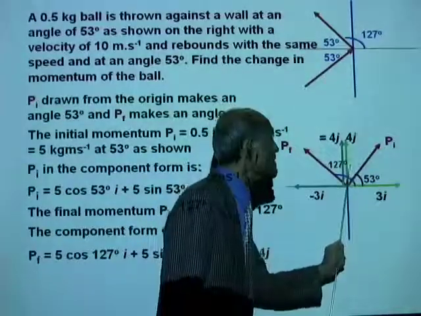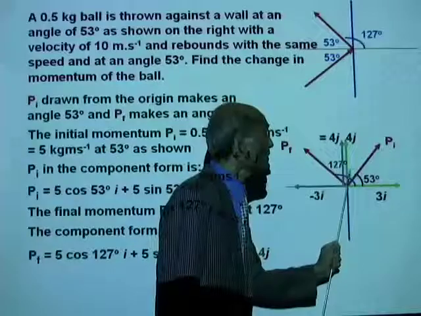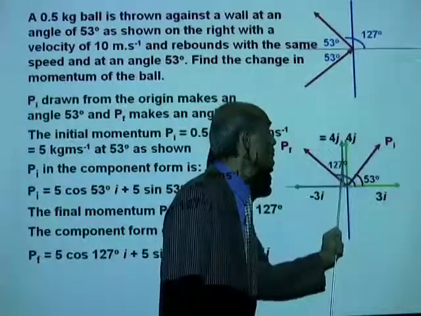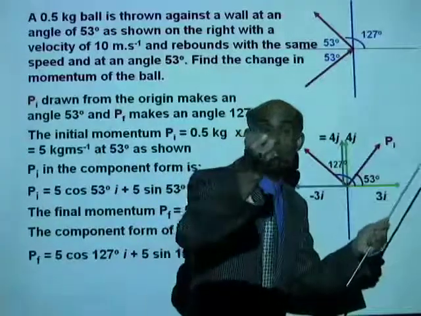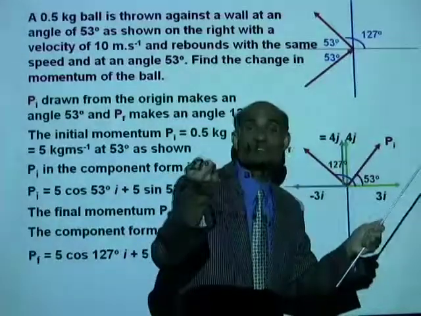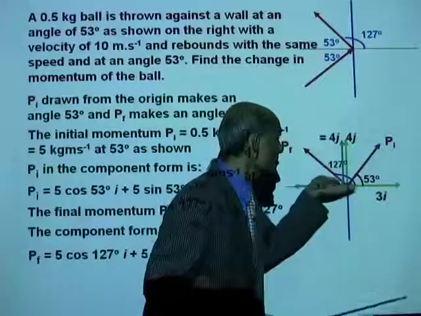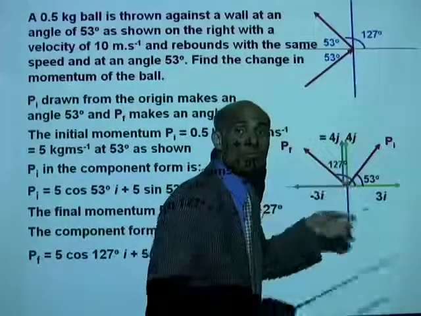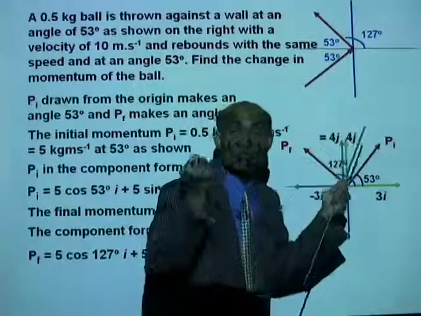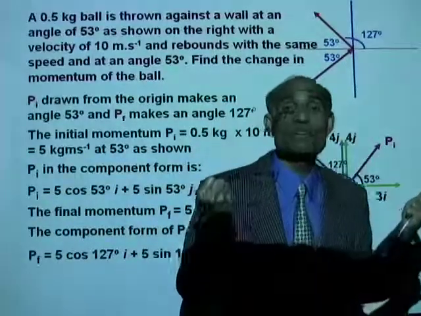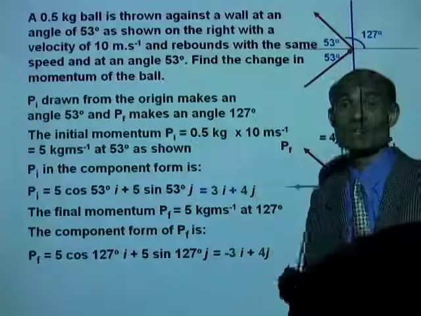Initial y momentum is 4j. The final y momentum also is 4j. There is no change. The change is the final value minus the initial value. You notice that the initial and final momentum along the y direction are the same. Therefore, there is no change in momentum along the y direction.